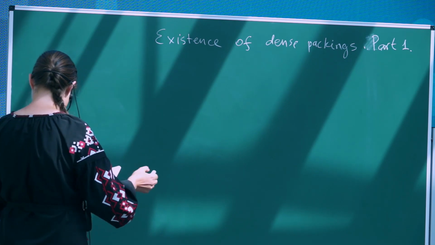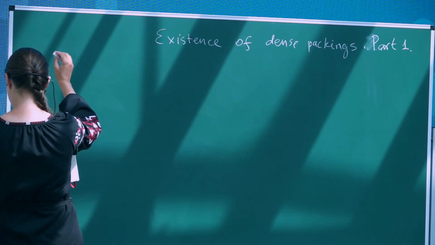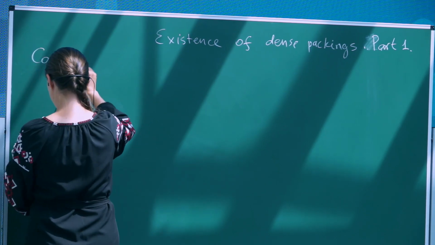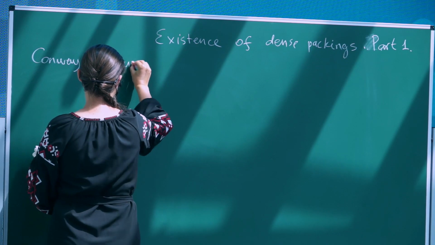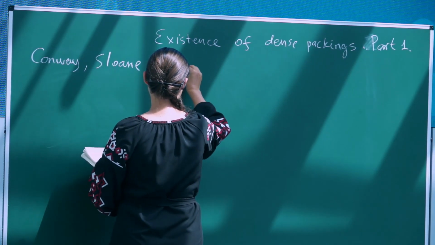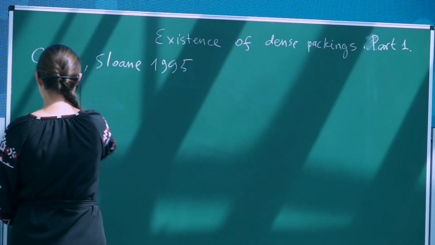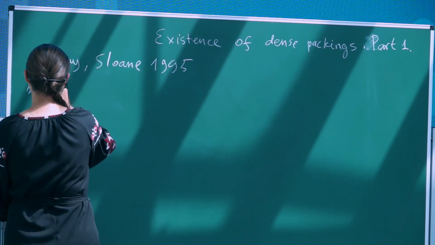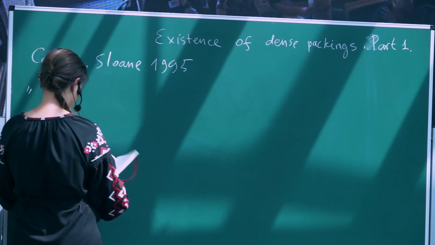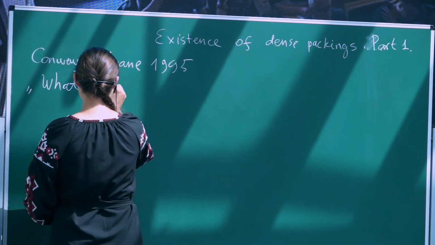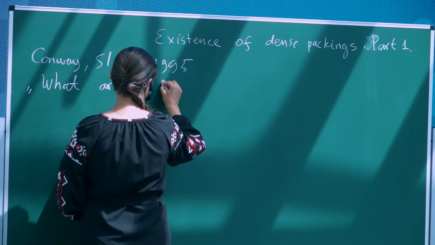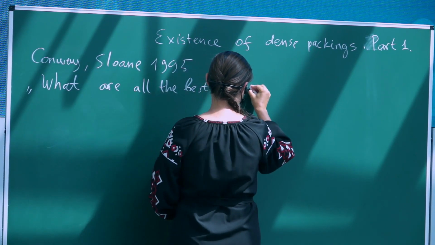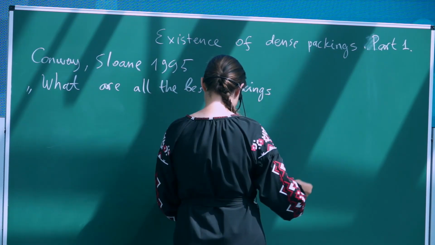There was a very nice paper by Conway and Sloane in 1995, and this paper has a very fun title, which I guess explains itself: What are all the best packings in low dimensions?